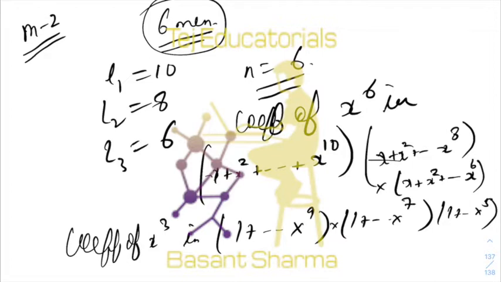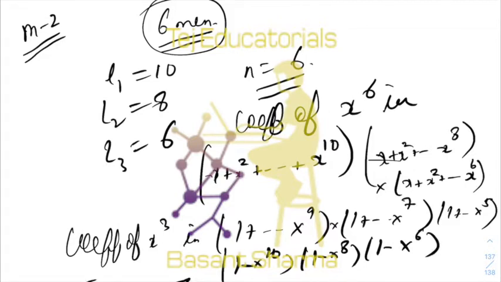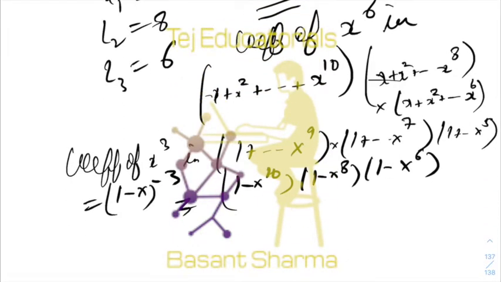All right, and again this is nothing but (1 − x¹⁰)(1 − x⁸)(1 − x⁶)(1 − x)^(−3). Now if you open the brackets, you will see that the only important term is 1 into 1 into 1, and the rest is irrelevant.